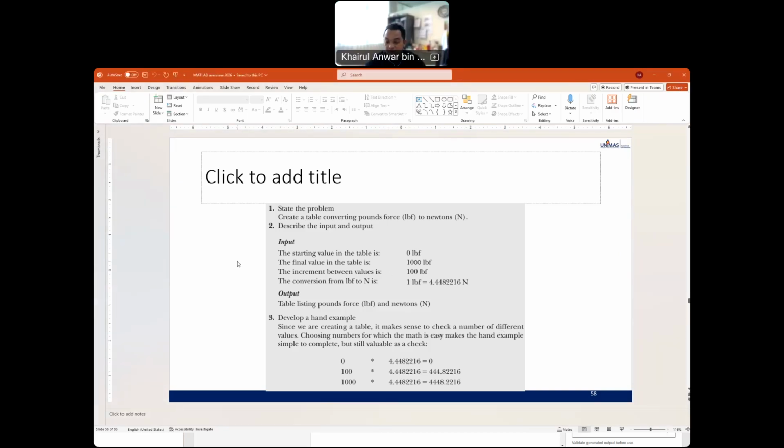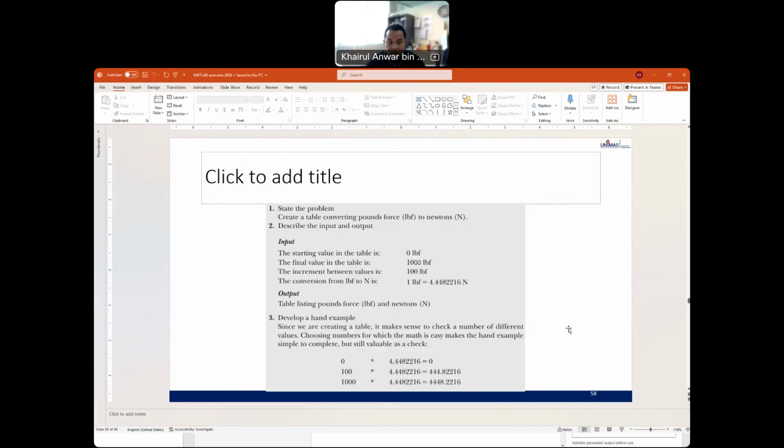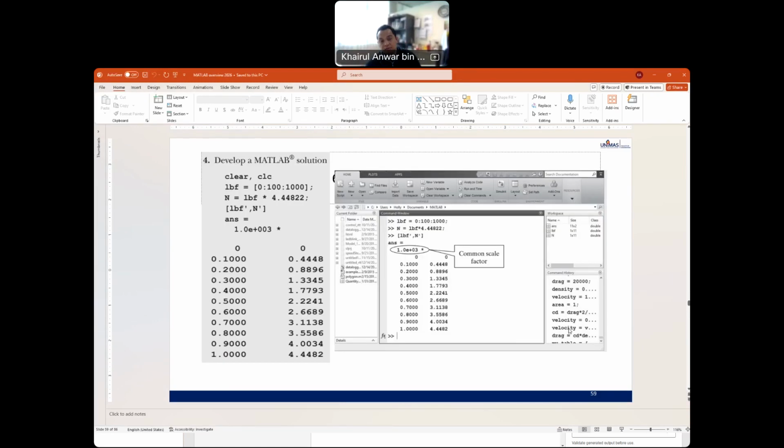So develop the example. To create the table, you need to define the pointers and define the method.